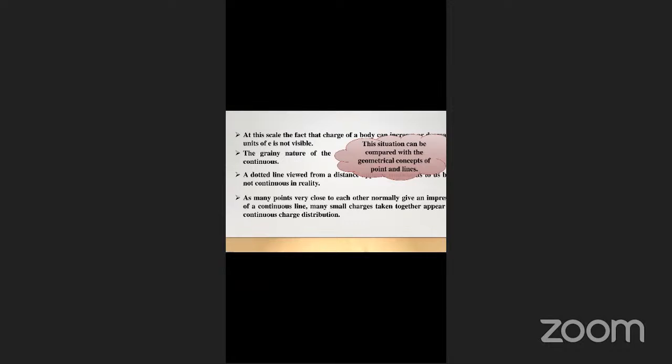This situation can be compared with the geometrical concepts of points and lines.